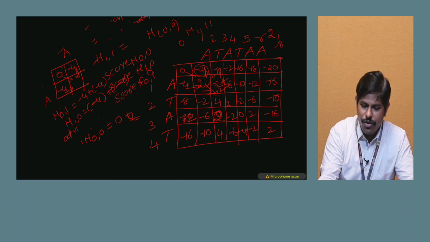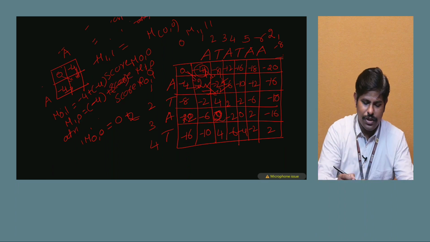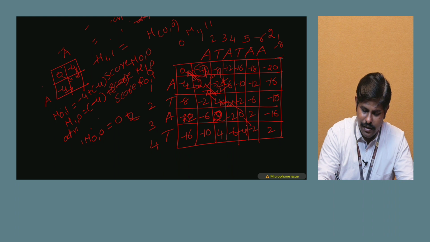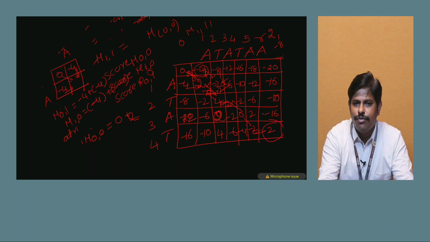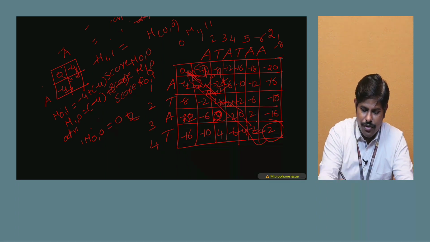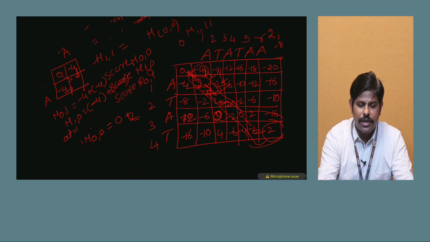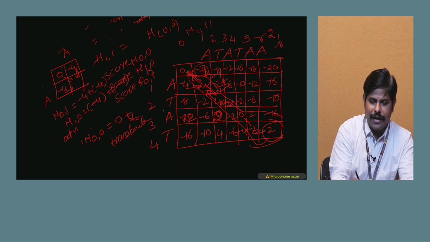While doing this process, we have to note one point: from which cell you are getting the scores. So I keep arrows. Those arrows trace the path to the final value. My final solution of 2 I got from these directional arrows. The method of tracing these values is called the third step, trace back.